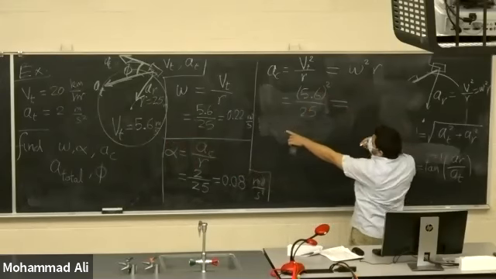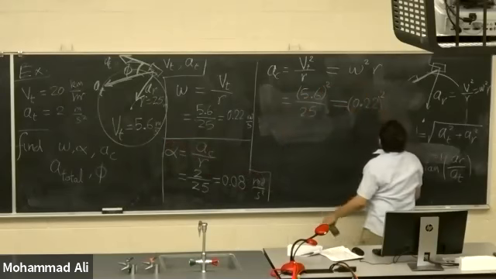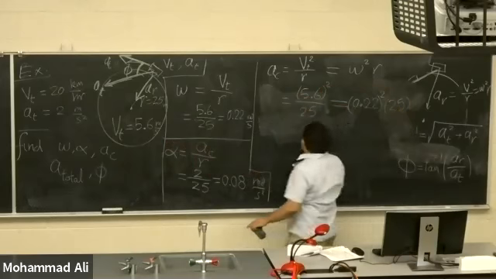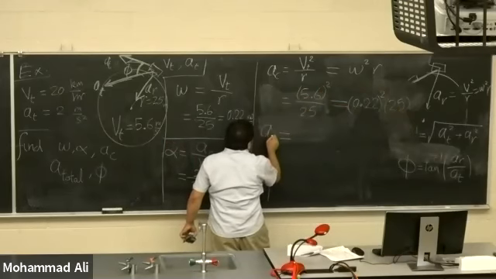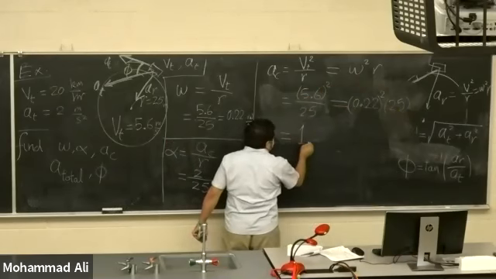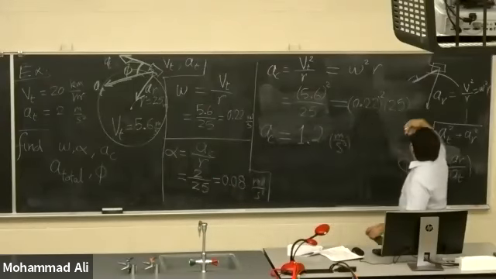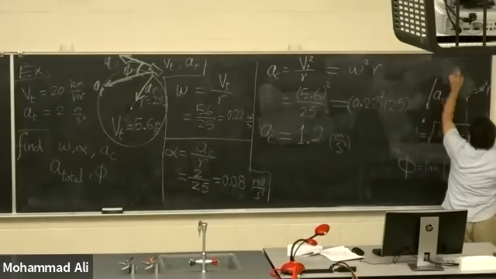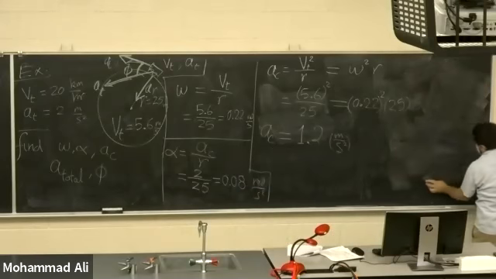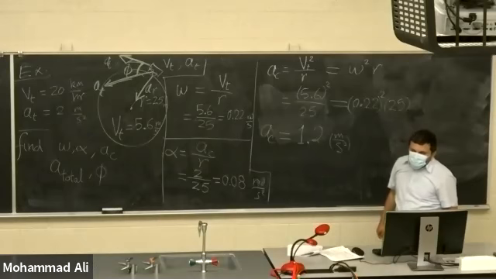We solve for omega: 0.2222 squared multiplied by 25, the radius. This will give us the same value, which is 1.2 meters per squared second. This is the acceleration to the center of the rotation. It is a linear acceleration, not angular acceleration. Alpha is angular acceleration. Now, any question about that?